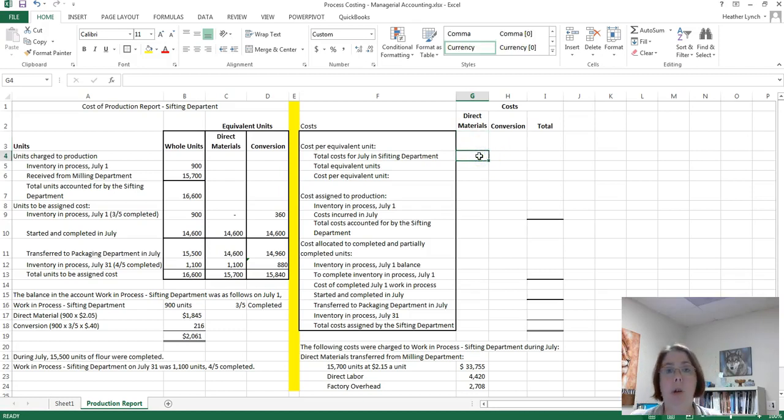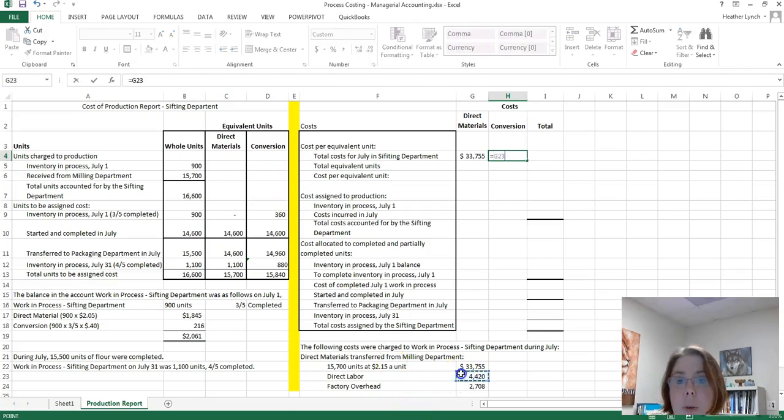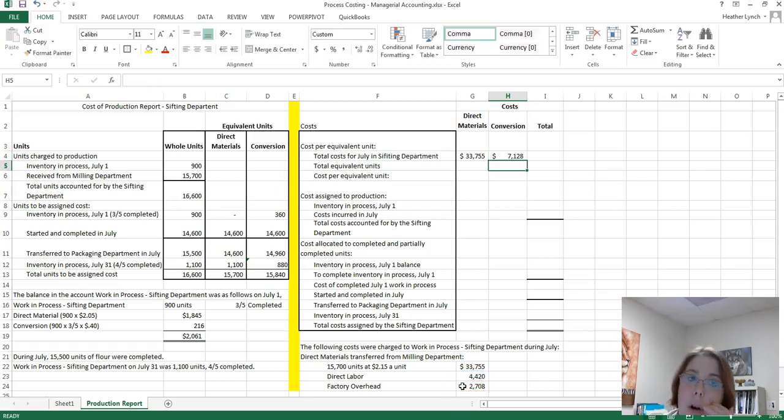Okay, so total cost for July in sifting department. So what we can use here, the following costs were charged to work in process sifting department during July. So the $33,755 for direct material. Your conversion is your direct labor plus your factory overhead.